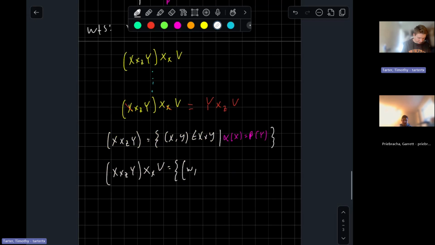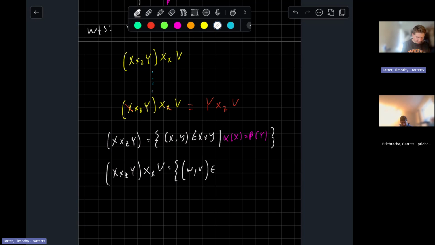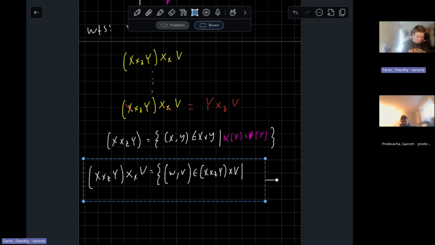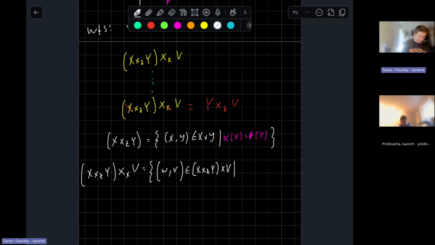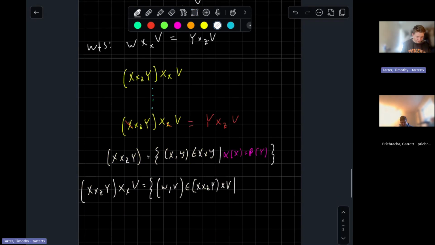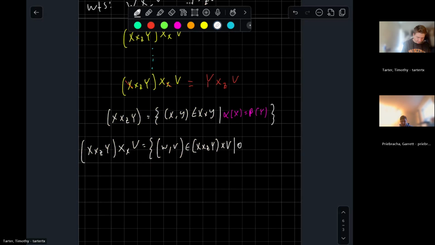No, it's V. Yeah, W comma V in the product X pullback Y product V such that theta of W is equal to gamma of V.